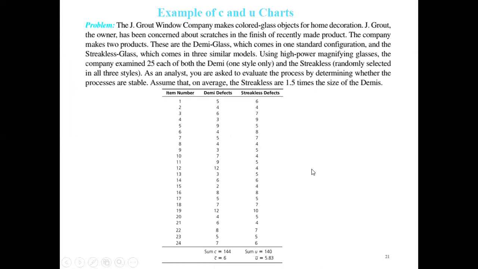So let's discuss an example of a C and U chart. The statement of the example is: the J. Grout Window company makes colored glass objects for home decoration. J. Grout, the owner, has been concerned about scratches in the finish of recently made product.